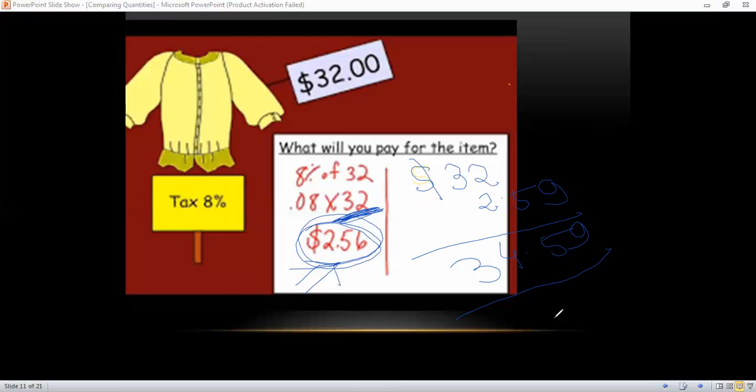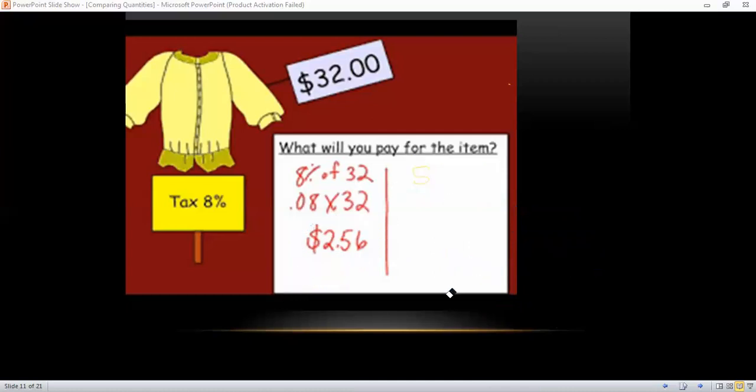Suppose the cost of an item is 100, okay, if the CP is 100 and the shopkeeper has applied 8% of tax on it.